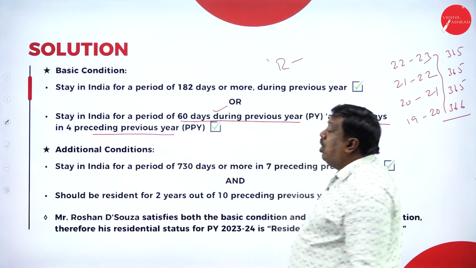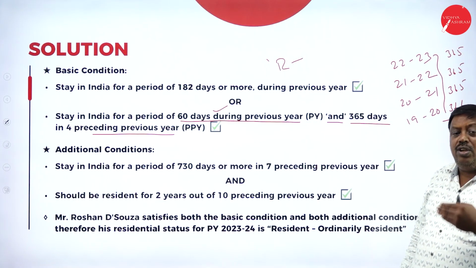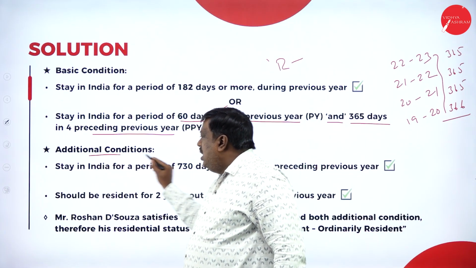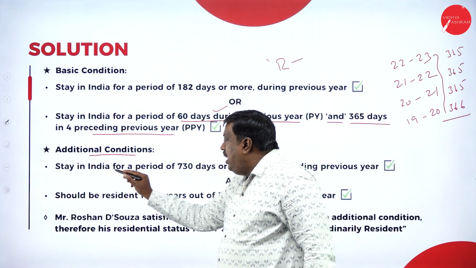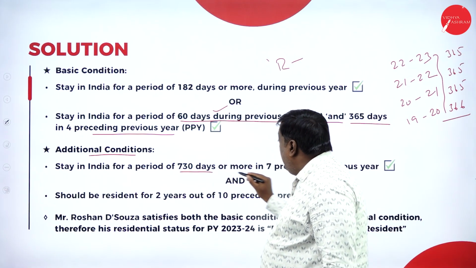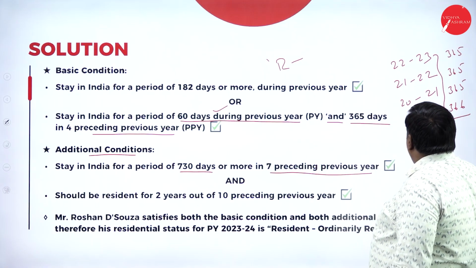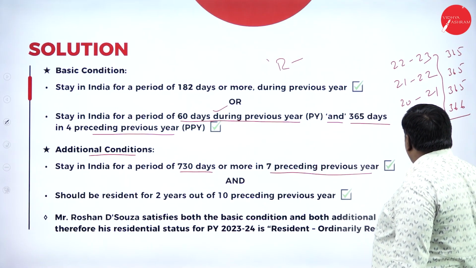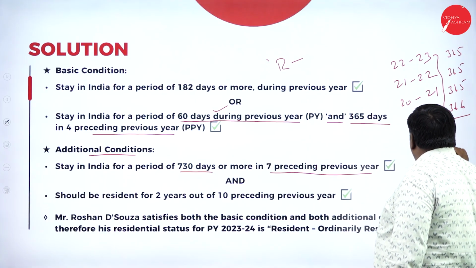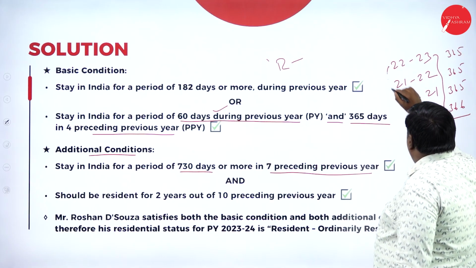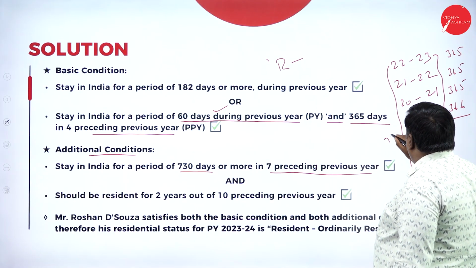Whether I am an ordinarily resident or not ordinarily resident, the additional conditions apply. The first additional condition: stay in India for a period of 730 days during 7 preceding previous years, means 18-19, 17-18 and 16-17. The total of all this should be 730 days.